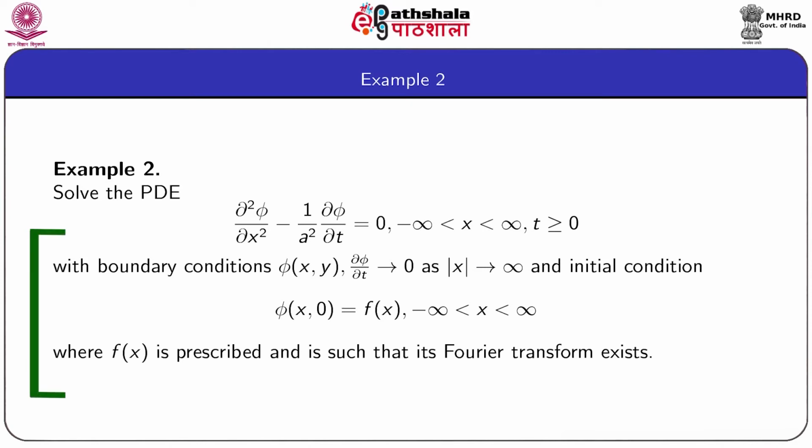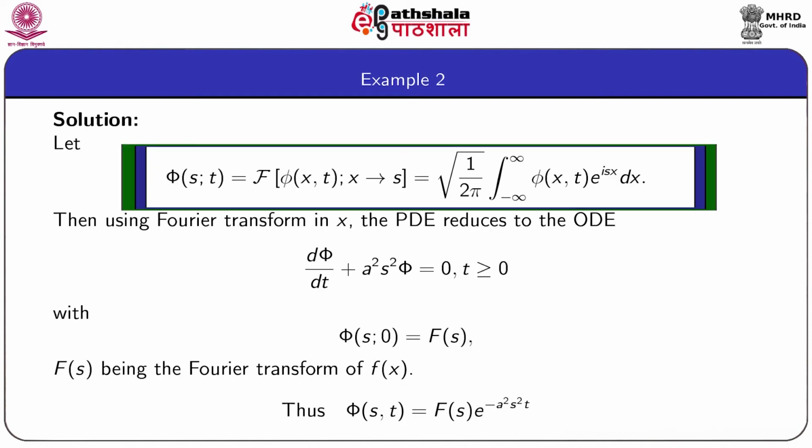So, we shall solve this equation by the method of Fourier transform. Here we can see that the range of x is from minus infinity to plus infinity. So, to solve this partial differential equation, we can use the Fourier transform in the x variable.